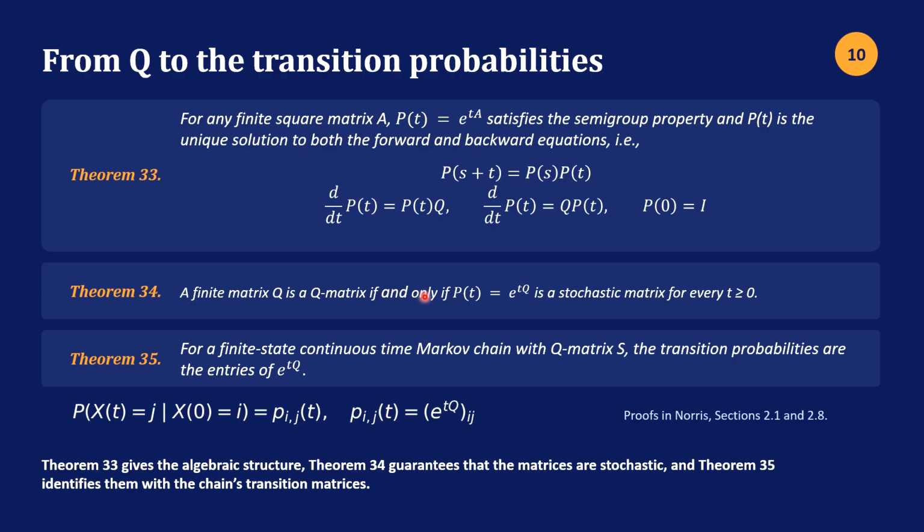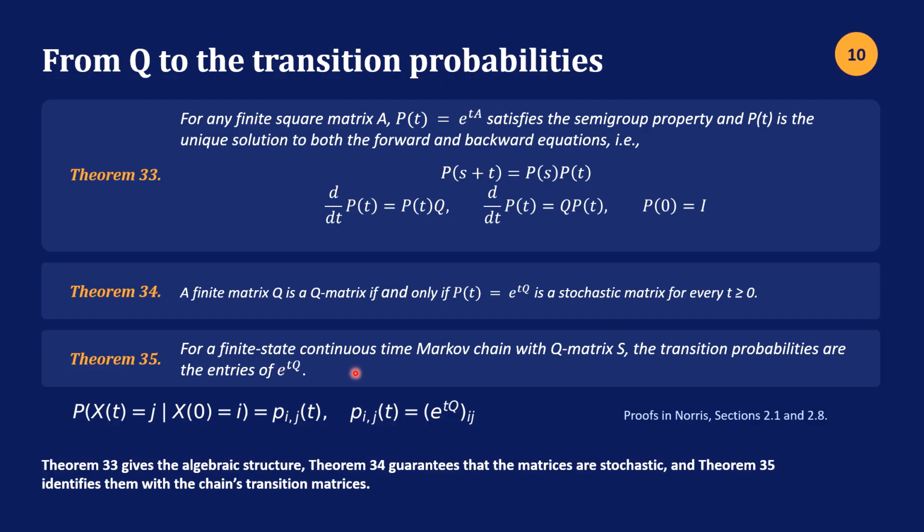So if you take a matrix Q and you compute this e to the tQ, and it's stochastic, then you actually have a proper Q matrix, and on top of that it equals your transition probabilities, which I've basically said here in theorem 35.